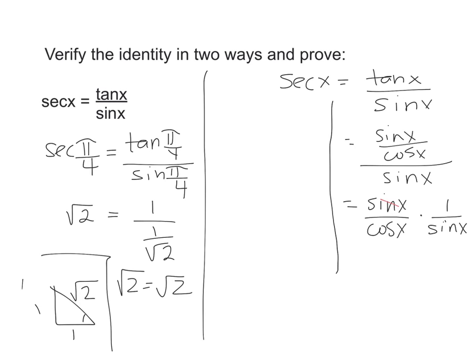And then the sine x's can cancel out. And this turns into 1 over cosine x. And we have an identity that tells us that 1 over cosine x is equal to something else. What's it equal to? Secant x. And now, left side equals right side.